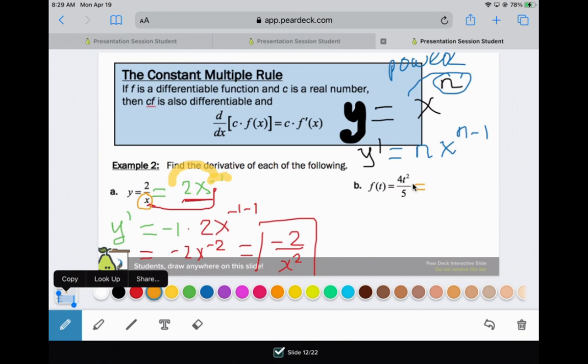Okay, if I look over here, this one is on the numerator, so I don't have to do anything. For me, I like to rewrite the fraction this way. And now I can apply the rule, okay?